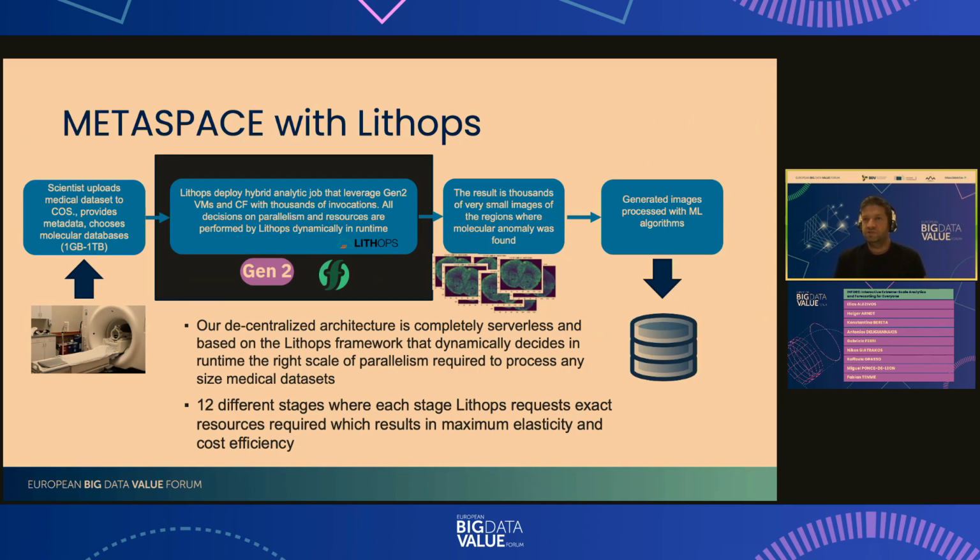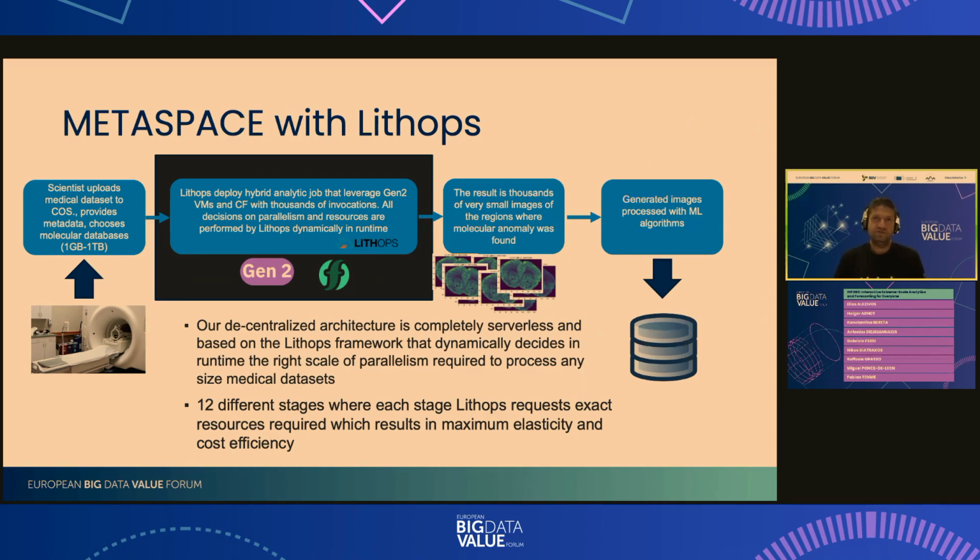Now, LithOps here uses a hybrid approach. Because LithOps supports multiple backends, in this case we use serverless from IBM Cloud Functions, but it also deploys some of the stages to fast next-gen VMs that we have. So LithOps starts a VM, deploys that stage to that VM, then shuts the VM down, and LithOps coordinates how to share results between the different stages.